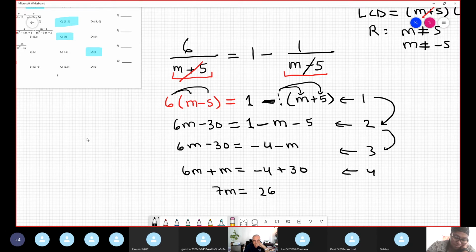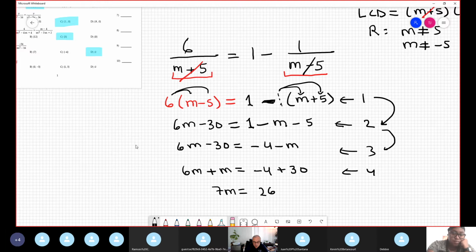Bring down minus m, like this; in the left-hand side, I don't touch. This is 1 minus 5, -4.